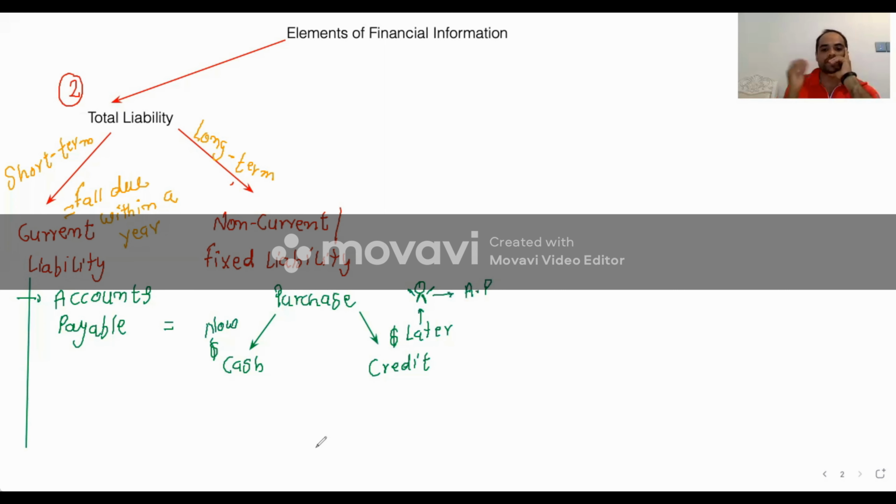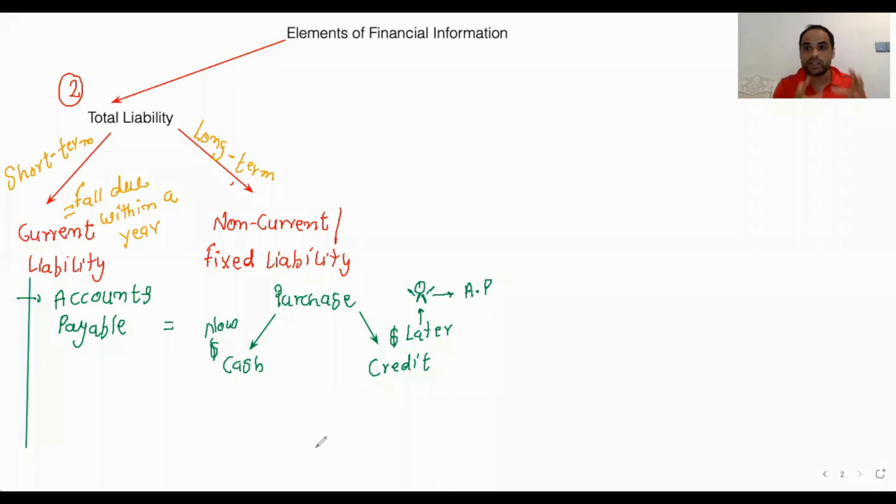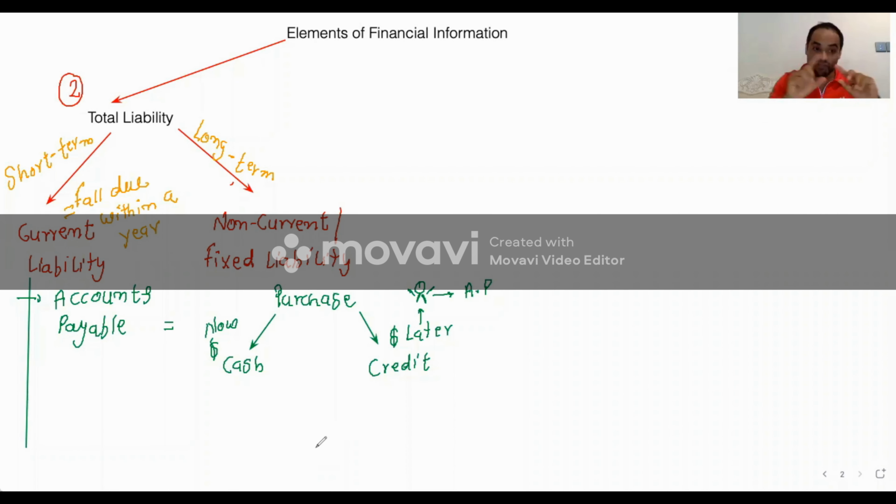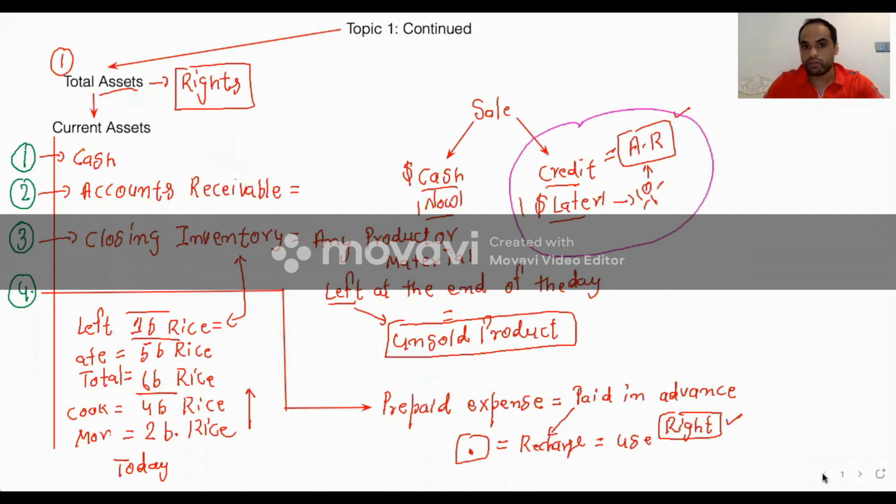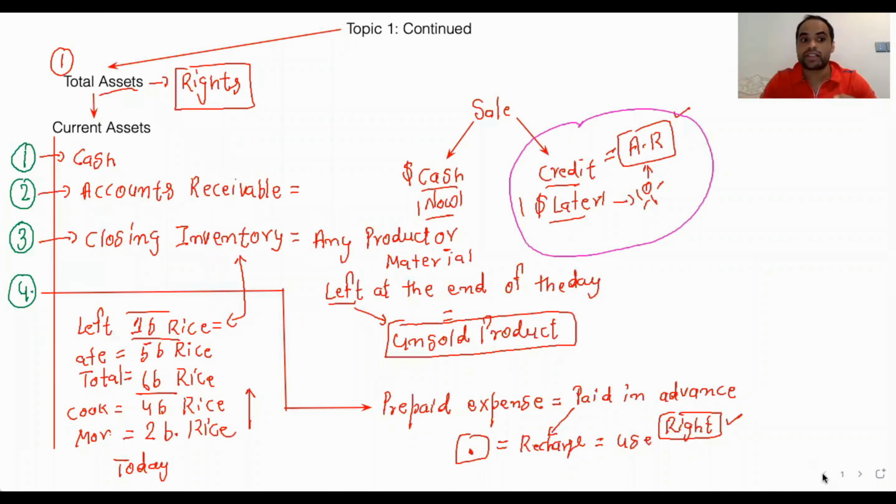All right. So what is the meaning of accounts payable? It means you have to pay. Accounts means the person to whom you have to pay later, or money you need to pay. When do you have to pay? Within a year, because it's a current liability. Same thing: accounts receivable, you receive. When? Within a year, because it's a current asset, right?